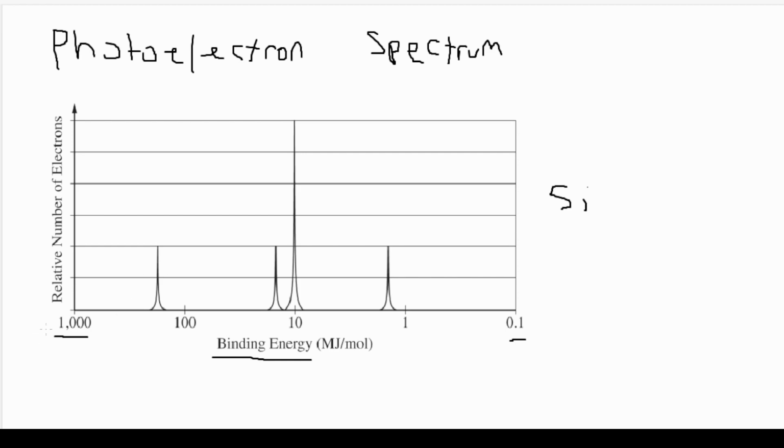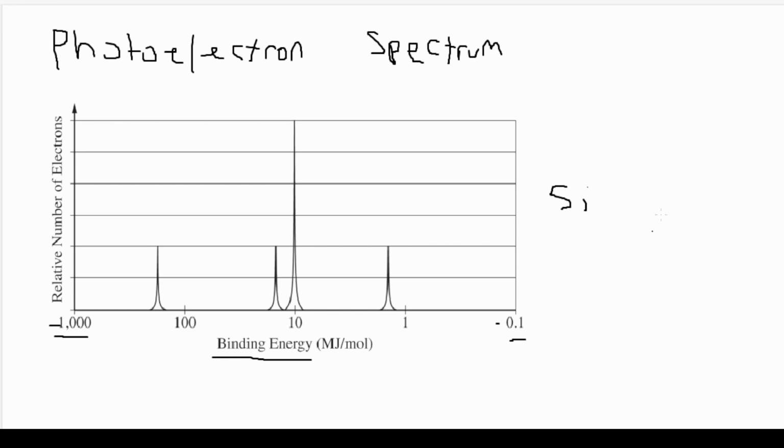Technically this number is negative 1,000 and this number is negative 0.1. So negative 0.1 is bigger mathematically than negative 1,000, which is why we put negative 1,000 on the left. But in terms of magnitude, negative 1,000 is bigger. It's a little confusing, but basically the bigger numbers are on the left, and they still represent more energy.